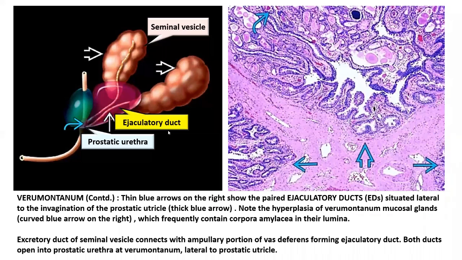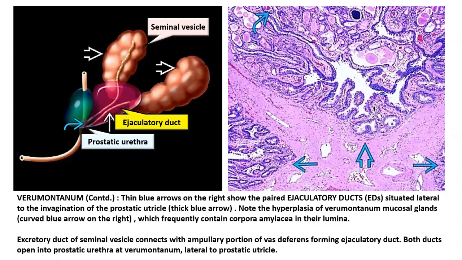So this is the opening of the ejaculatory duct, which is basically a combination of the excretory duct of the seminal vesicle along with the ampullary portion of the vas deferens. And in the second picture, you basically see the verumontanal mucosal glands with the opening of the ejaculatory duct on both sides.